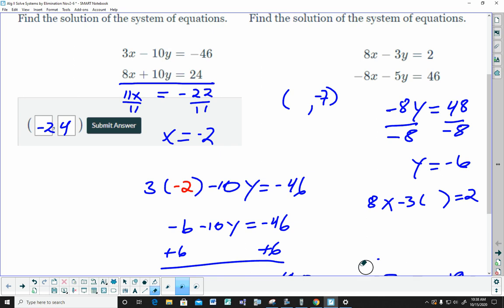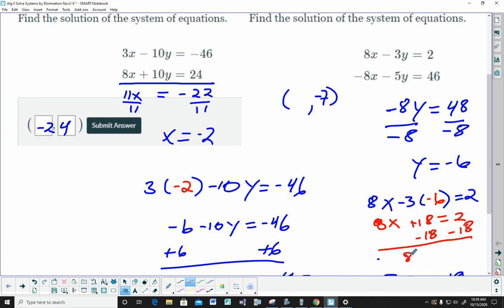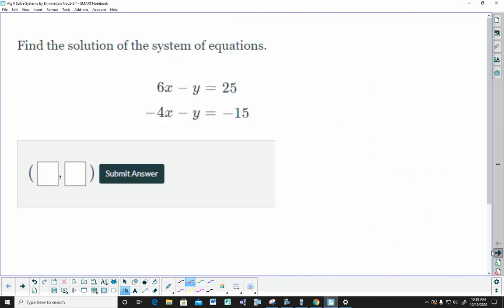That's always embarrassing when I make arithmetic errors. Okay, so I'm going to fill in a negative 6, so 8x plus 18 is equal to 2. Subtract the 18. Here we go. This is nicer. So I get 8x is equal to negative 16. Then I divide by 8 and I get negative 2. So that's nicer. Okay. I apologize for the arithmetic error.